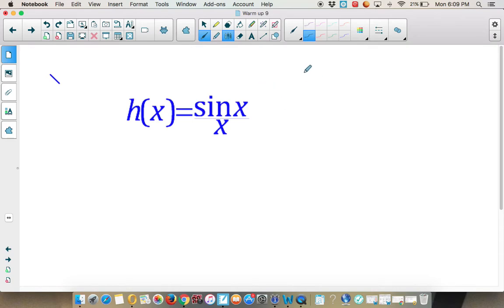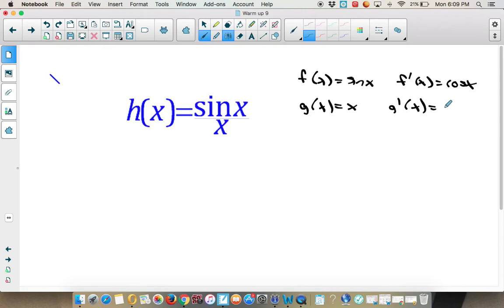So I'm going to say f of x is sine x, f prime of x is going to be cosine x, g of x is x, g prime of x is just 1.